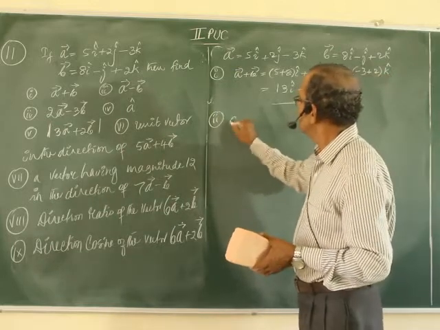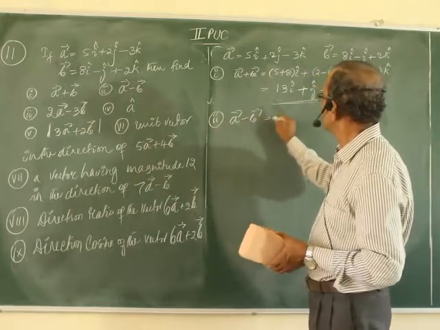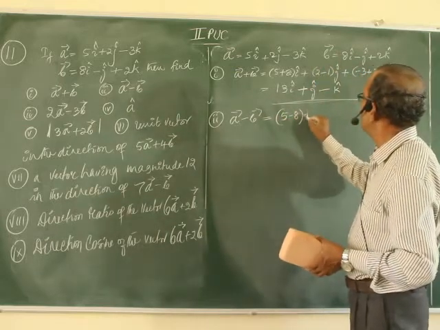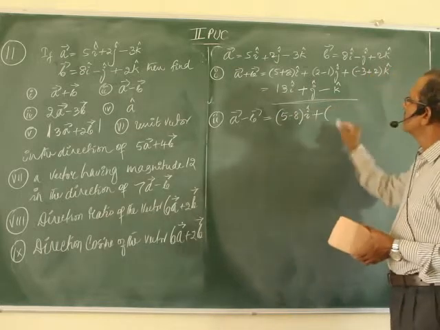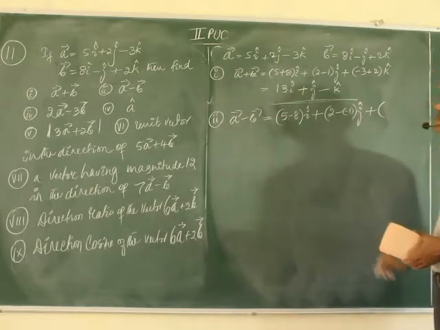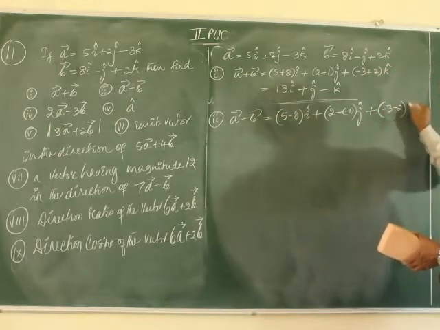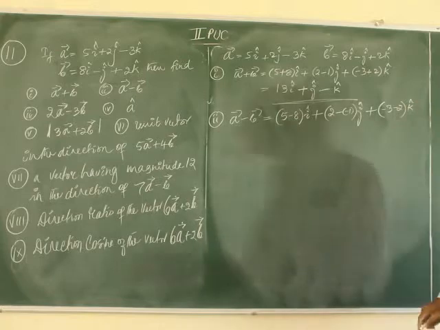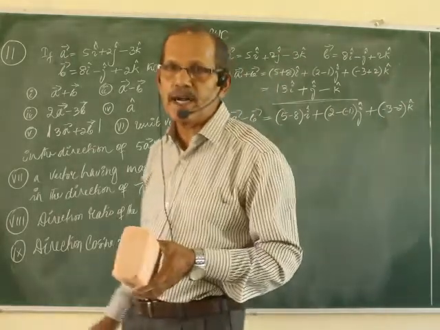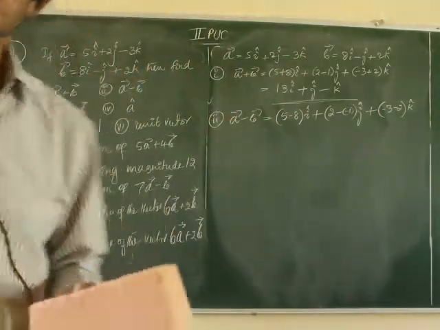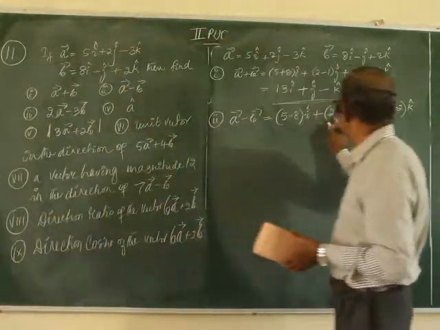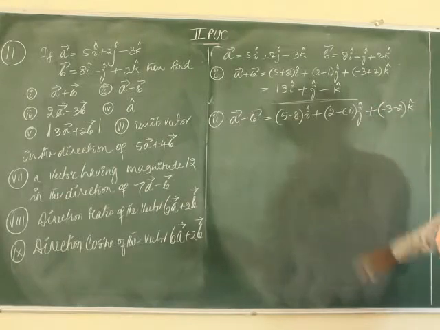Second one is a minus b. 5 minus 8 i, 2 minus of minus 1 j, minus 3 minus 2 k. Sign is plus only, but you have to subtract the coefficients. Go back to the properties of vectors: x1 minus x2, y1 minus y2, z1 minus z2.